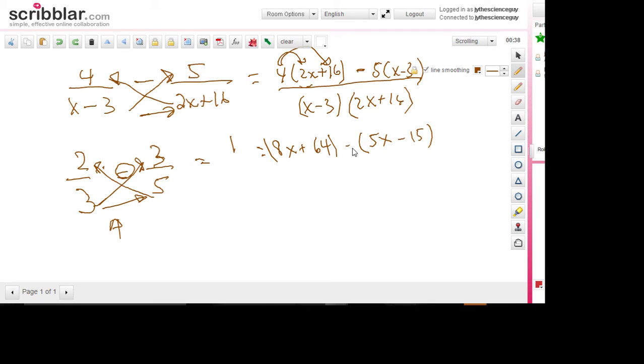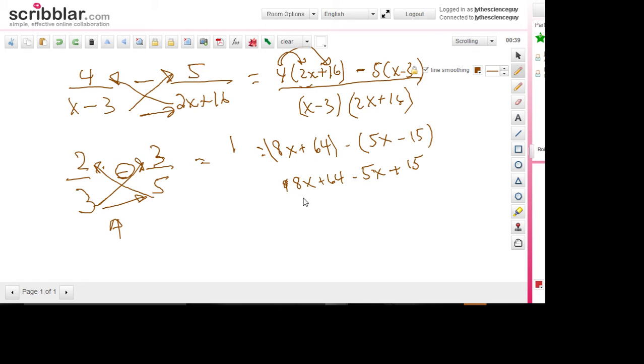And then I have to carry the negative sign through. So let me rewrite this. This is 8x plus 64 minus 5x plus 15.